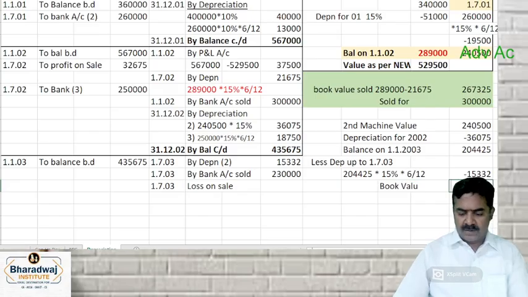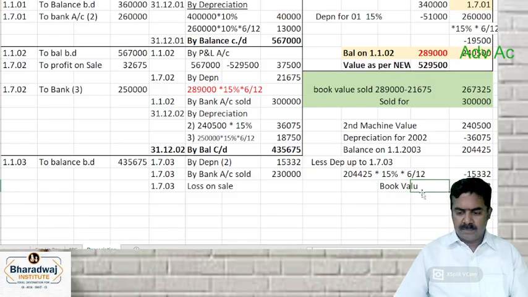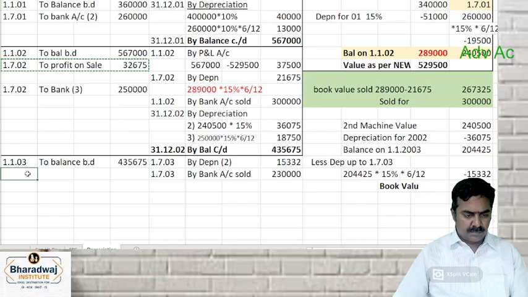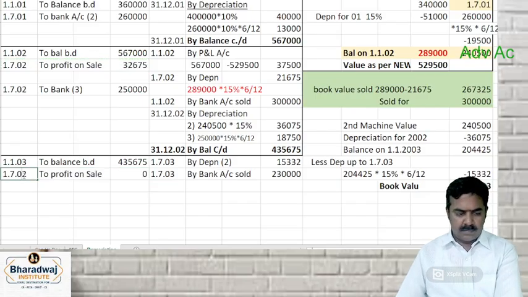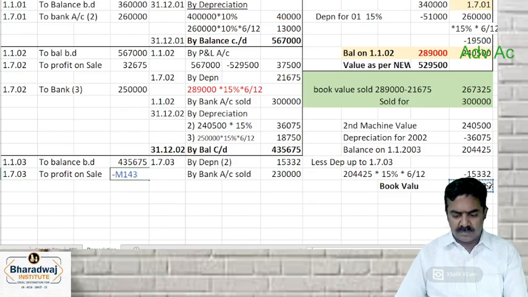Loss or profit? Book value is only this much, so it will be profit on sale. What is the profit on sale? 1,89,000.